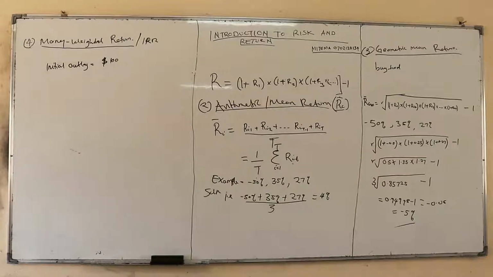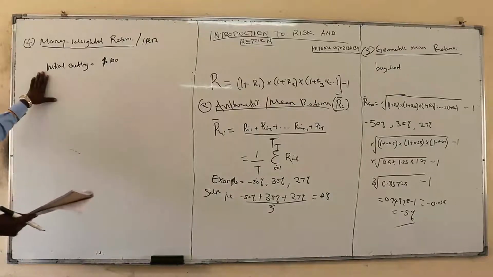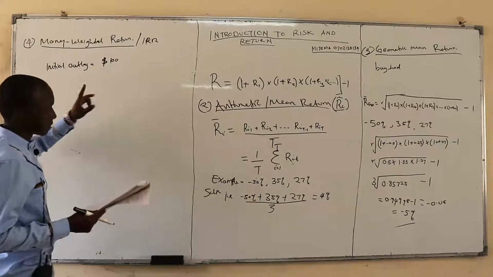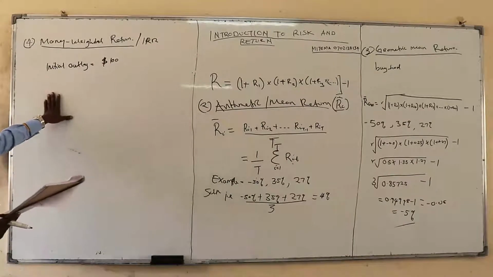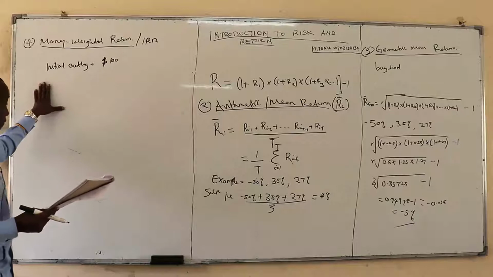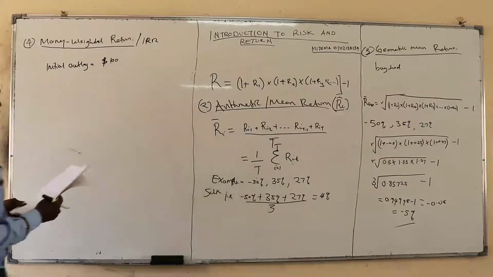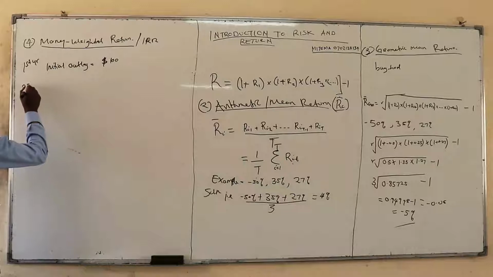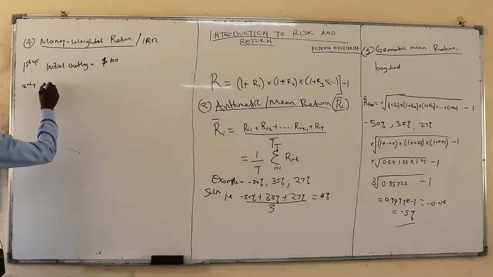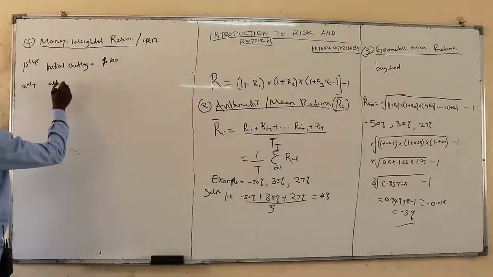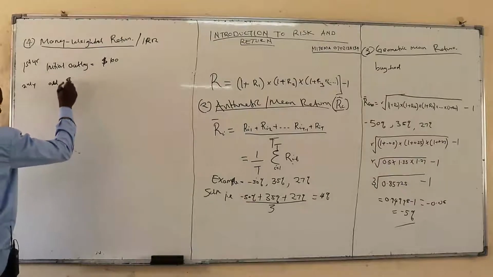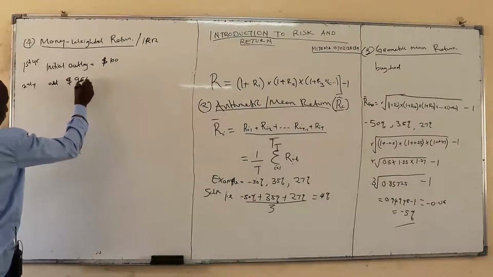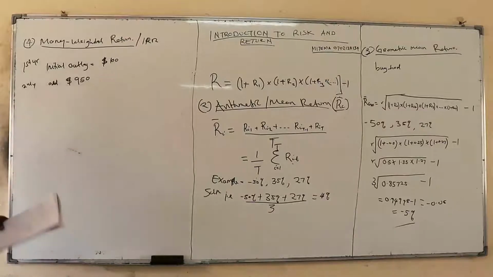This is the initial outlay or the initial investment in a mutual fund at the beginning of the first year, and then he adds another 950 at the beginning of the second year. So this is the first year. Now, at the beginning of the second year, he adds an additional 950 in the same mutual fund.